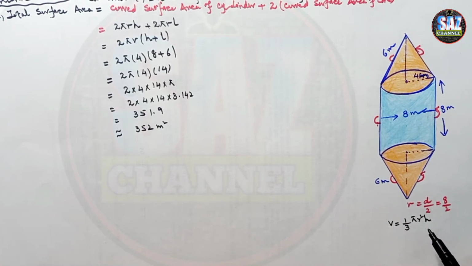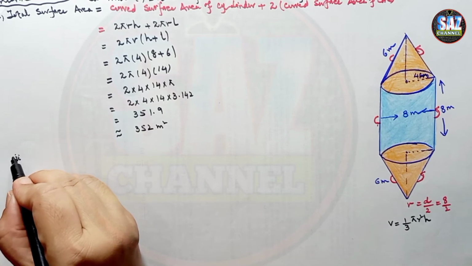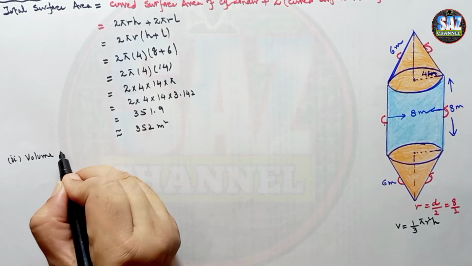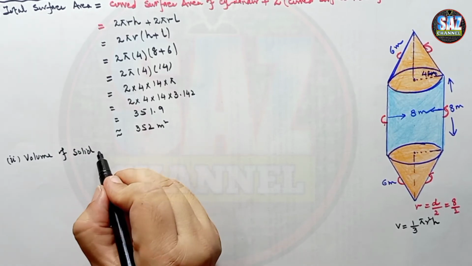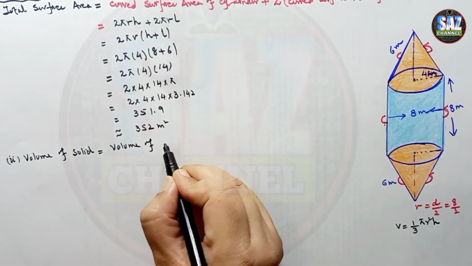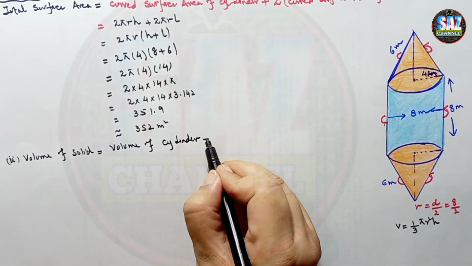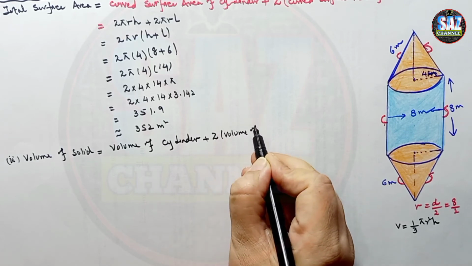We are not given the height of cone, so first of all we have to go for the calculation of the height of cone. So the second requirement of the question is volume of a solid equals to volume of cylinder plus 2 into volume of cone.